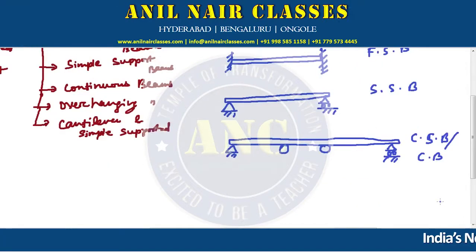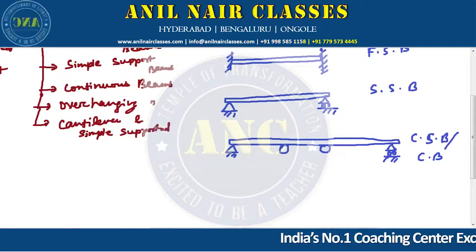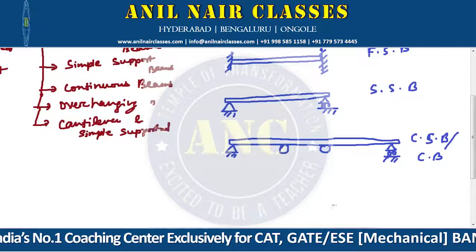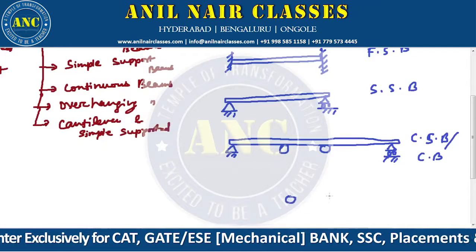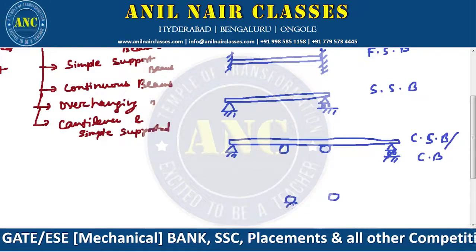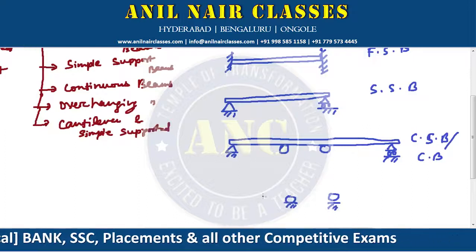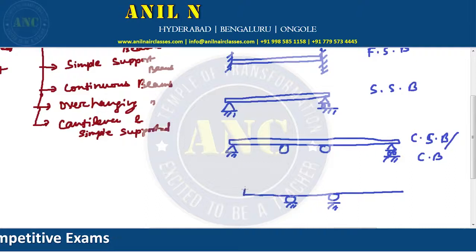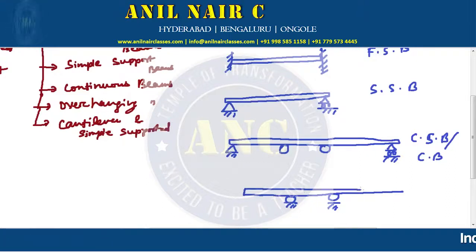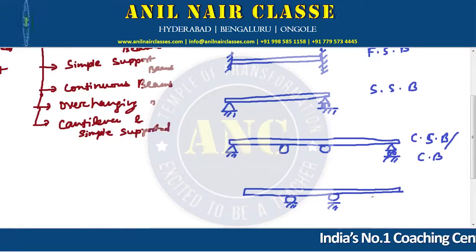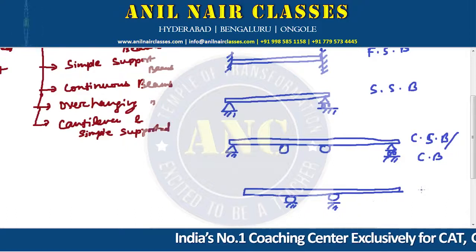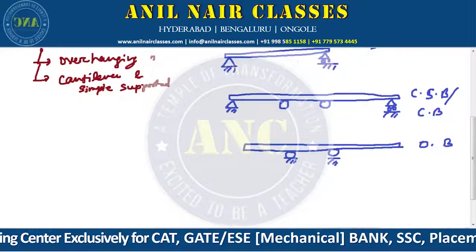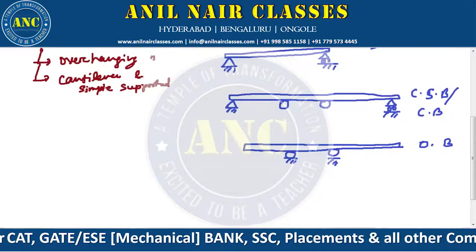Similarly, overhanging beams. Overhanging means, the name itself suggests it. If I take two supports, say two roller supports, and over this there is a beam, you can see on the left side as well as on the right side there is no support at the edge. So this is called an overhanging beam. And the last one, cantilever and simple supported.